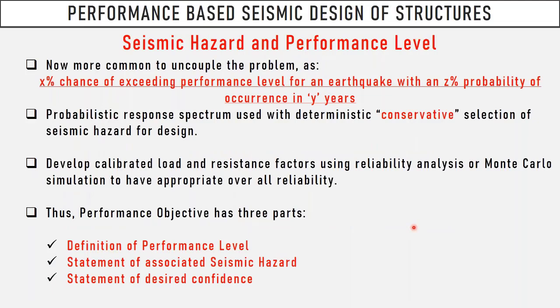And of course, you need to uncouple the problem. You have a performance level. What is the chance of exceeding that performance level with an earthquake with that probability of exceedance in Y years? In other words, what is the probability of exceeding the immediate occupancy level for a 2% probability of exceedance in 50 years seismic event?